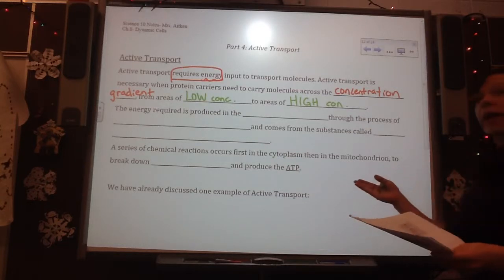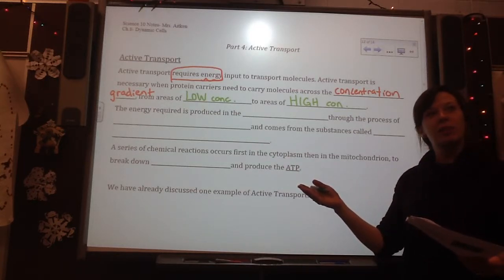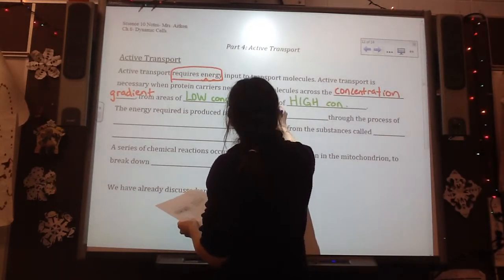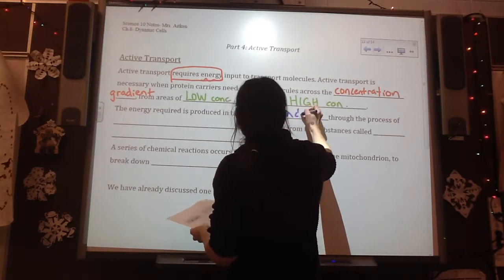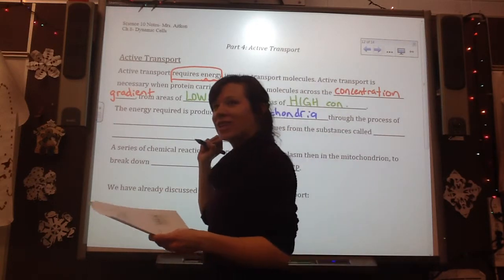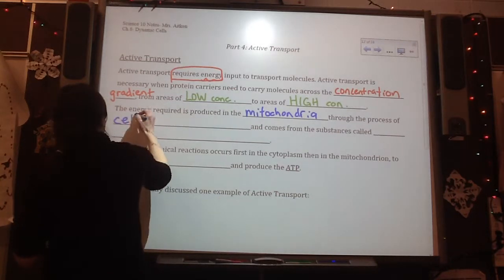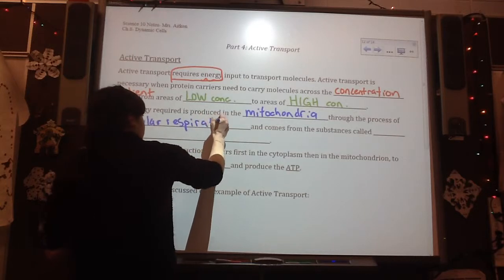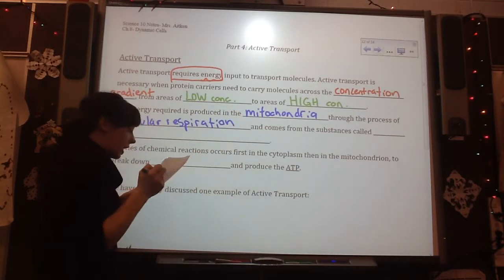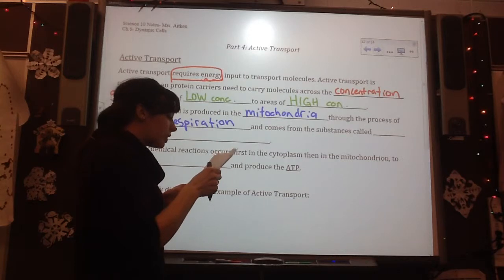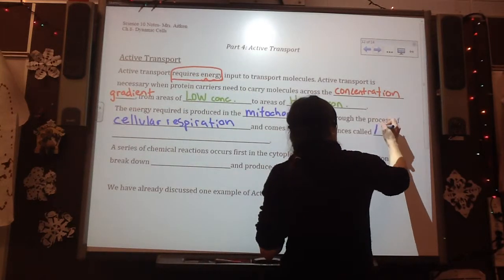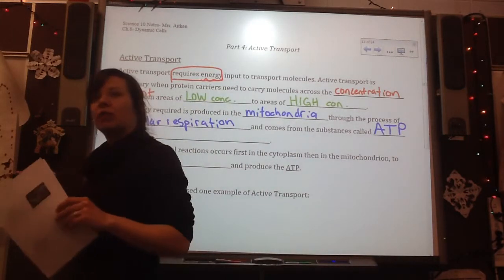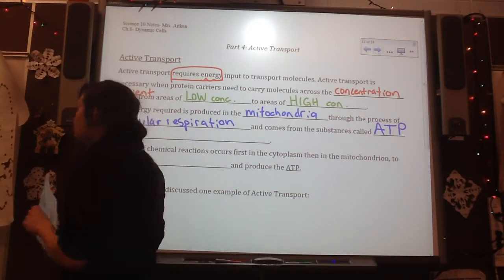required is produced where? Where is energy produced in the cell? Mitochondria. The mitochondria. Through what process does it make energy? Very good. Cellular respiration. And it comes from substances called ATP, which I will actually tell you what the full name of ATP is now.